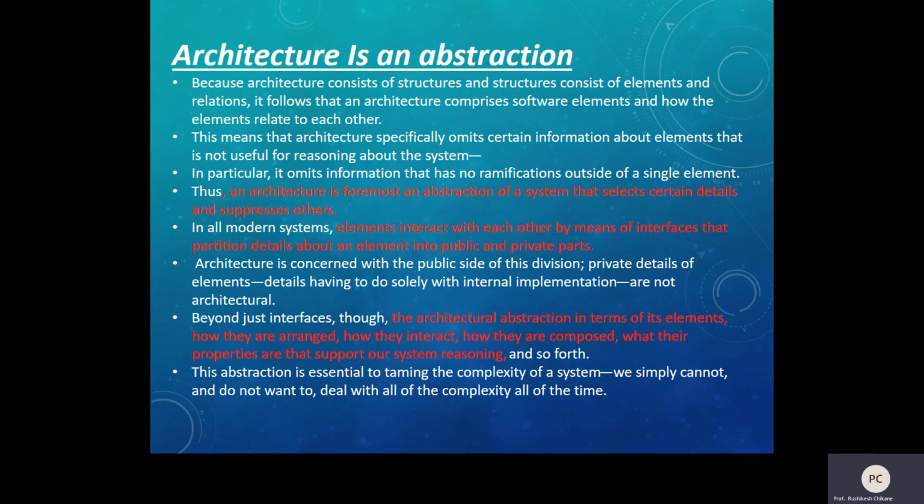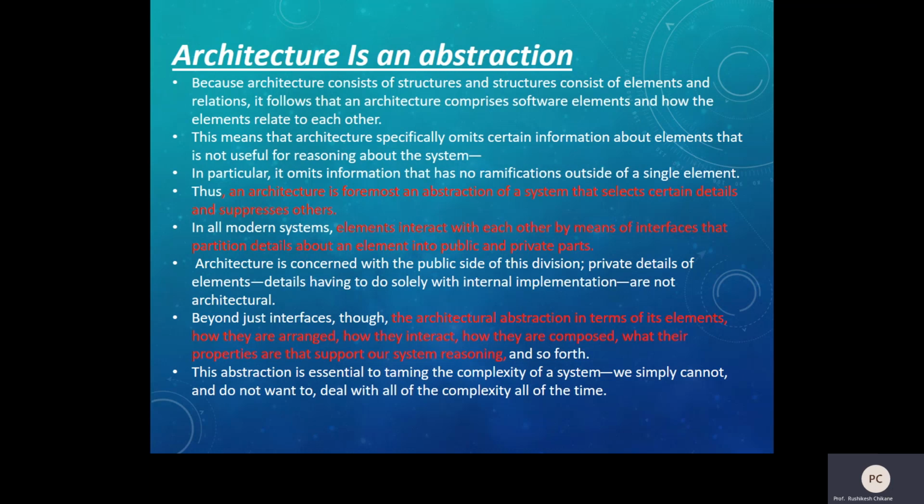All those combined are called an architecture. Whatever elements are present in the structure, and the relationship between those elements, are again part of your architecture. So an architecture comprises software elements and how the elements are related to each other.